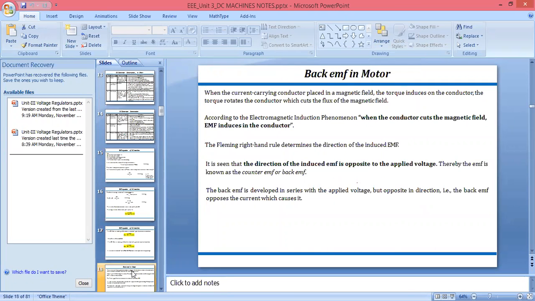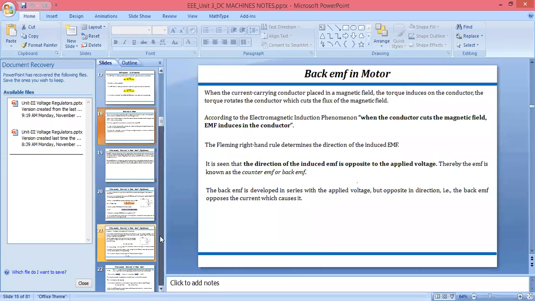Then we have studied why back EMF is necessary. We have seen that concept because when a conductor cuts the magnetic flux according to Faraday's law, EMF gets induced, and we can derive the direction according to the Fleming right hand rule.